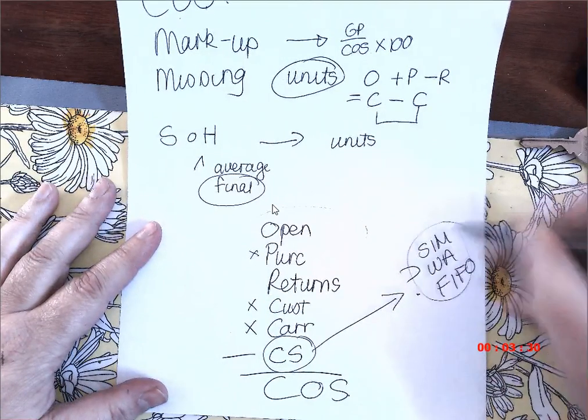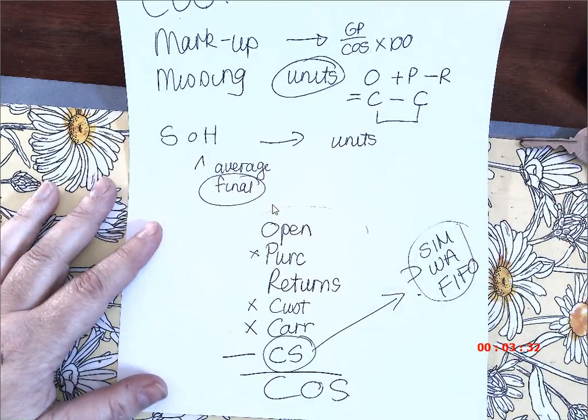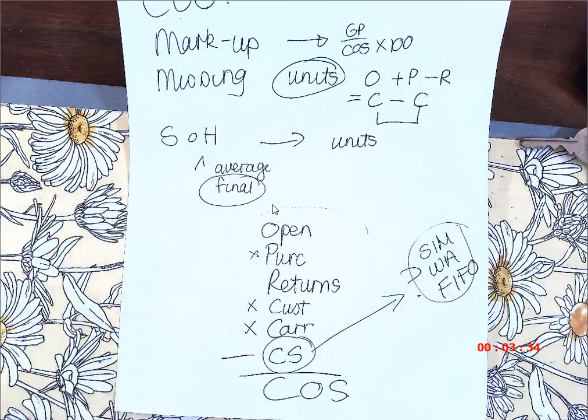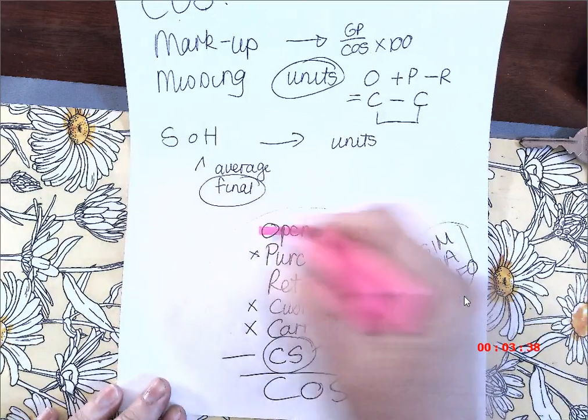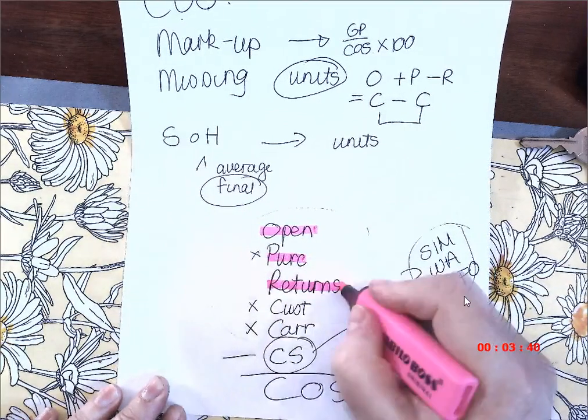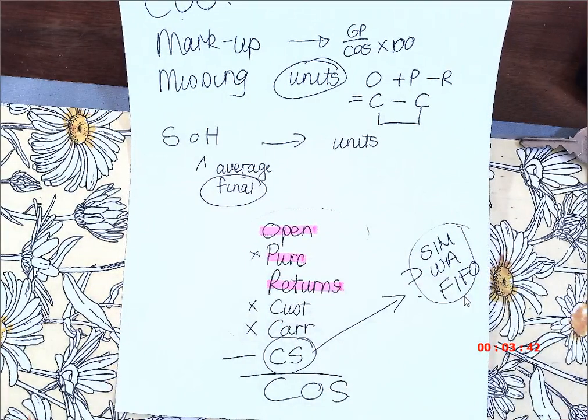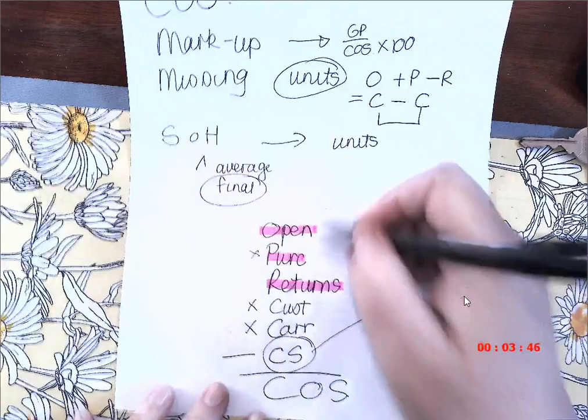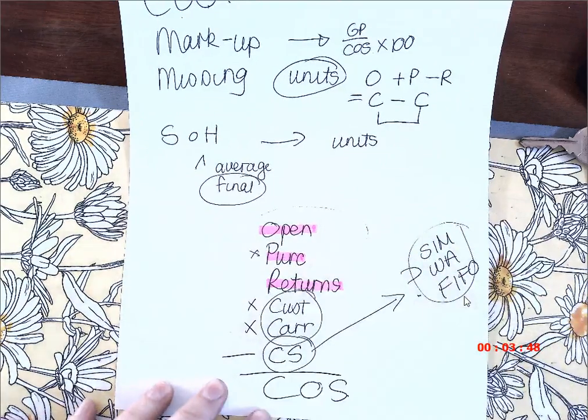With all three of them, you always need to take into account the units. So let's quickly think. The units would be the opening units, the purchase units, and the return units. But the moment they talk the rand value, you need to take the customs and carriage into account as well. But they do not influence the units.